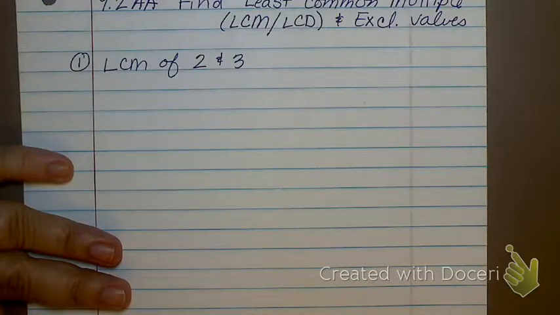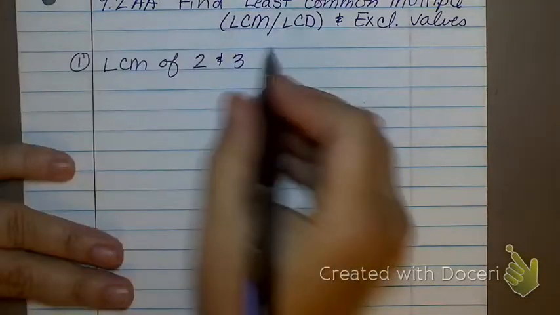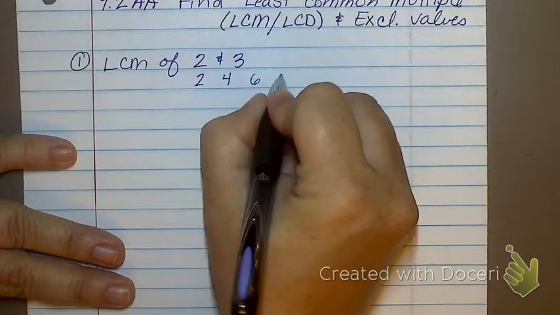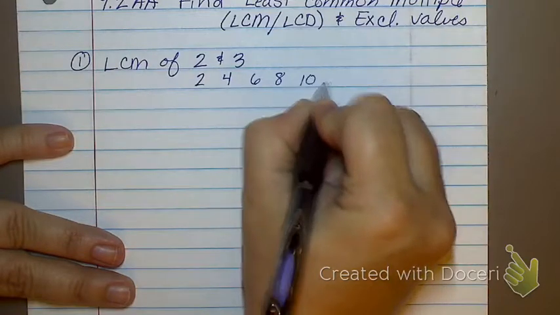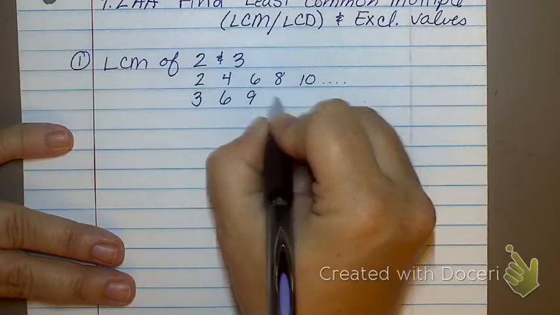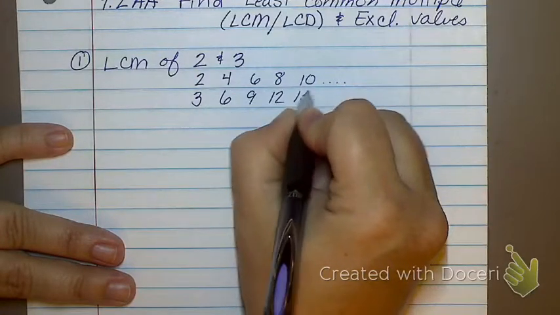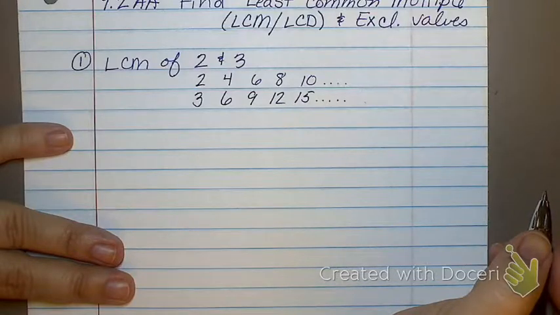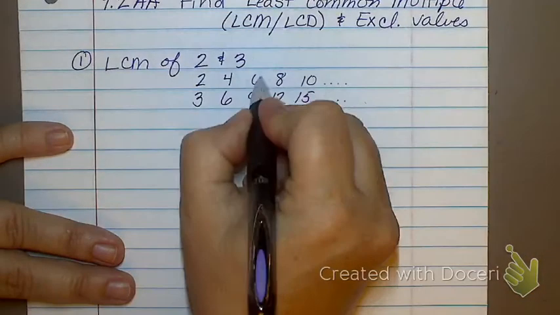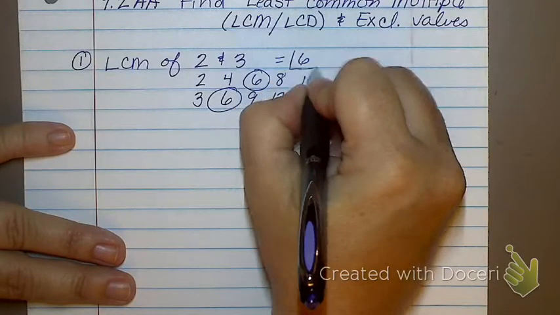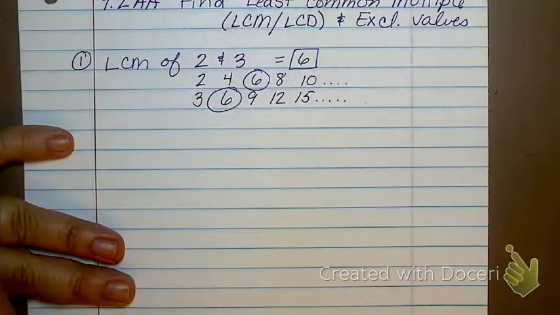Does anyone know how to do that? The way you would have learned it in elementary school would have been you count by 2s, and you count by 3s. The least common multiple is the smallest number that's on both lists. So what's the smallest number on both lists? Therefore, 6 would be considered the least common multiple, or the least common denominator, of 2 and 3.